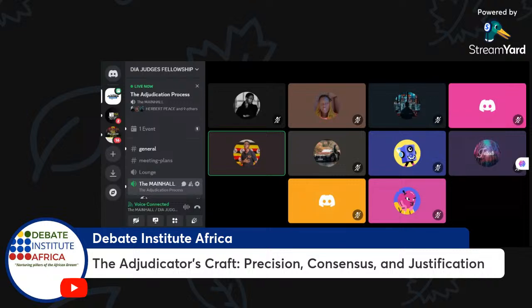What is a dropped argument? Let's imagine an argument is introduced in the first speech, then discarded in the second speech, and then returned in the third speech. Such an argument can be looked at as a dropped argument, or what we call late material, because they brought it up in their first speech, dropped it in the second, and then brought it back in the third.